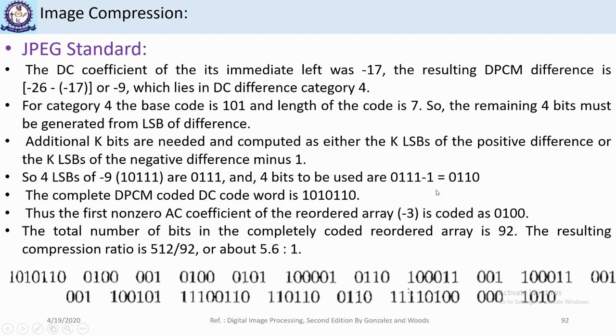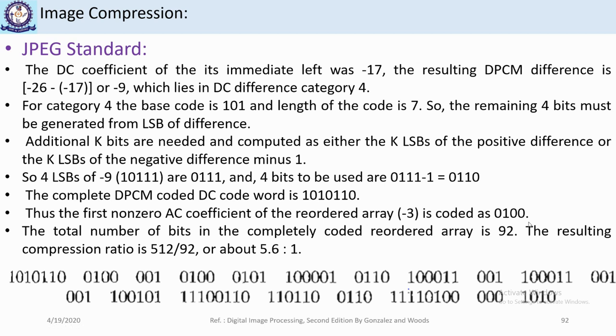Since it is negative, we have to subtract 1 from it. If I subtract 1 from 01, I get 00. So that is put here. So we have got a 4-bit length code corresponding to the -3 AC coefficient.